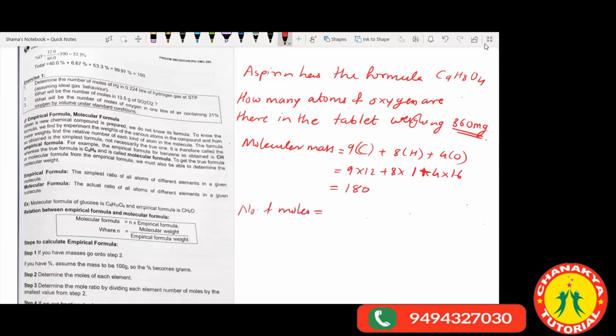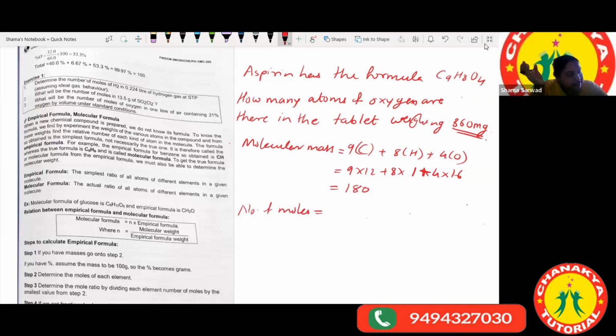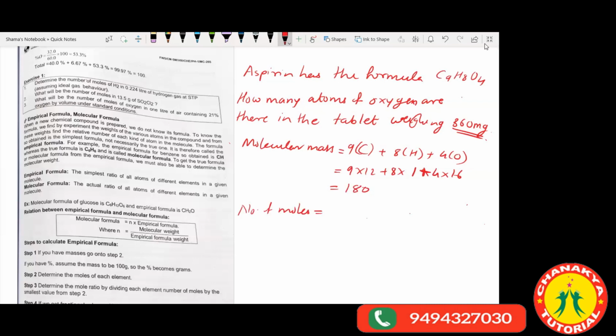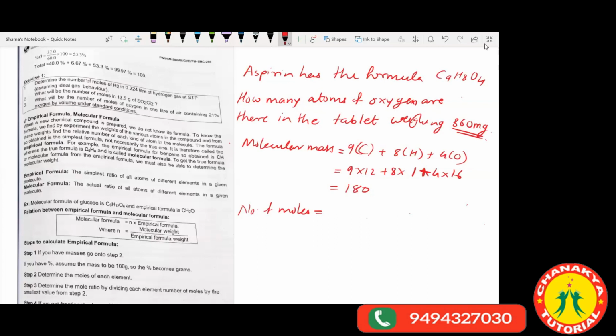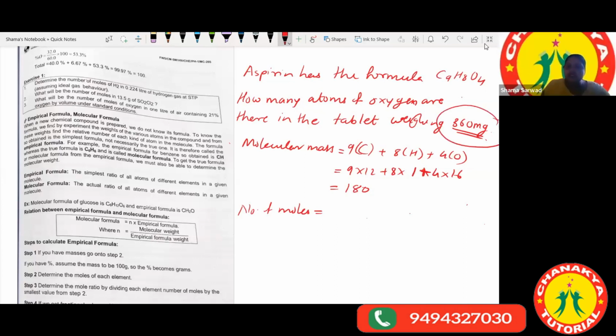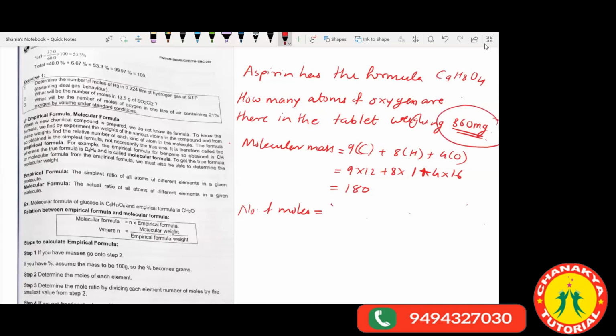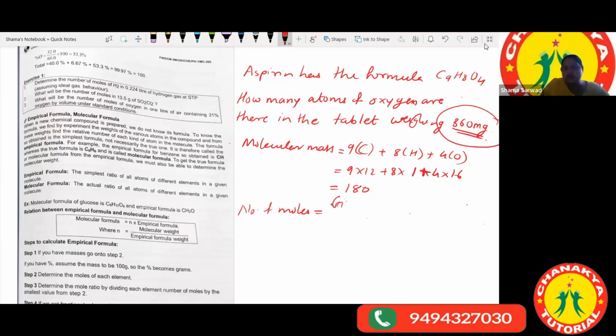Now I should divide it by the gram molar mass, whatever mass is given. They have given you the mass, how many grams? 360 milligrams. If I have to convert it into grams, what would it be? Because the mass is given in milligrams, we should convert it first into grams, correct? Number of moles is equal to given mass upon gram molar mass.